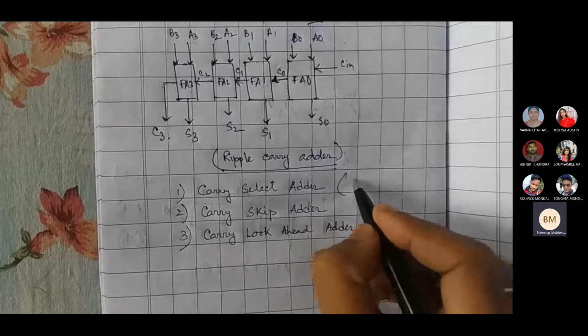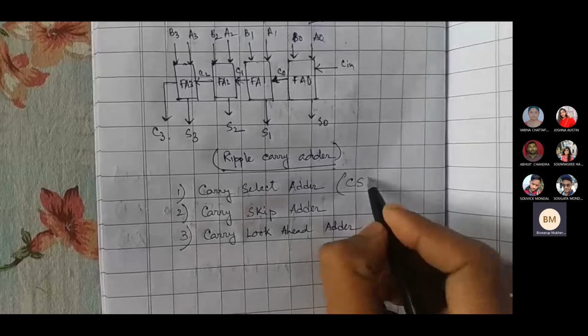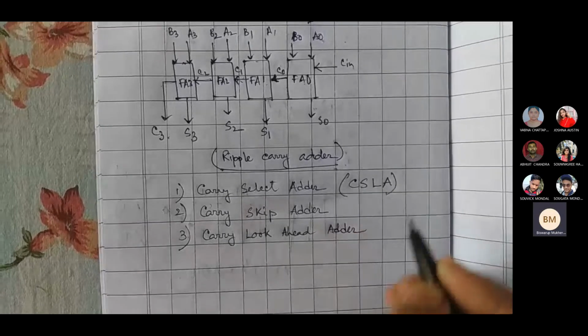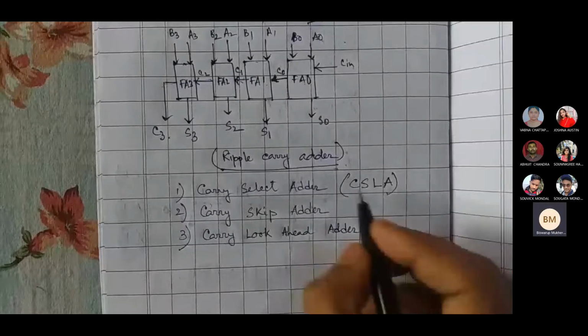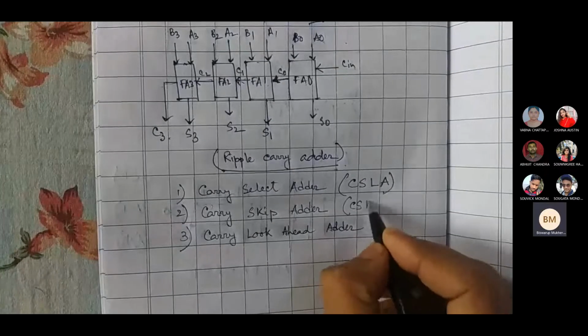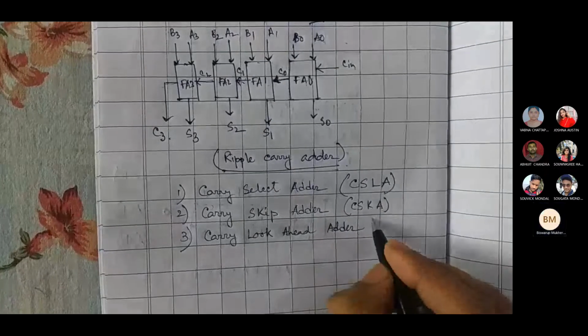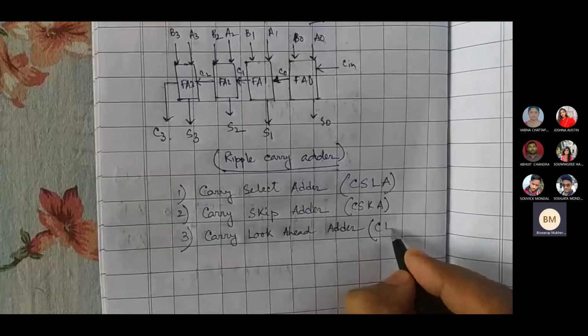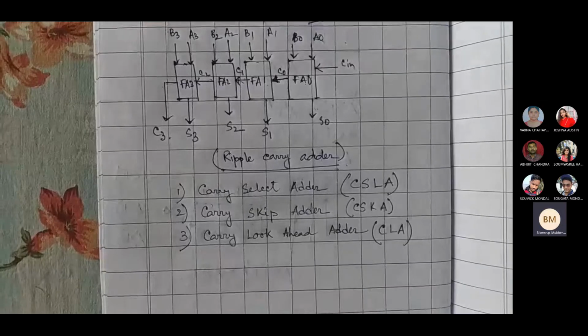The short form of the first is CSLA or CSA also. This is CSKA, carry skip adder, and this is CLA, carry look ahead adder.